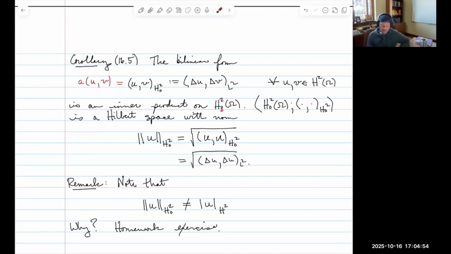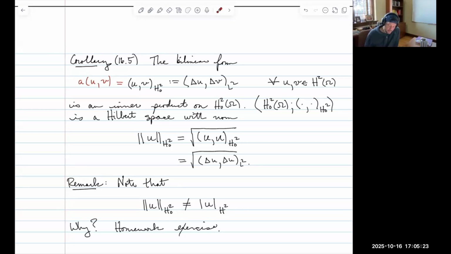Remember, this is the subspace which has the function and its normal derivative being 0 on the boundary. Now, if I pair that inner product with this space, then this becomes a Hilbert space. It's a topologically closed, proper subspace of H2, and therefore it's a Hilbert space.